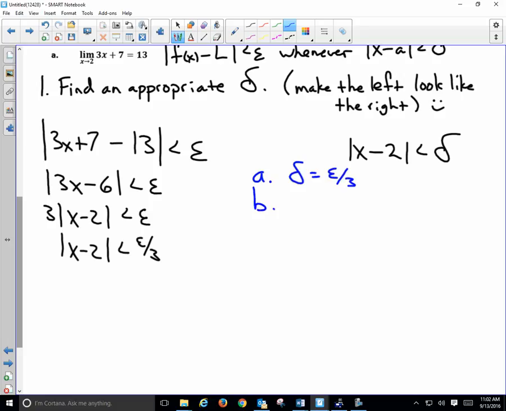B, I'm going to make a statement that will help me in my next step. You don't have to do this, but I encourage you. It's going to help you in your thinking. I'm going to take this right here, absolute value of x minus 2 is less than delta, but I'm going to multiply both sides by 3.